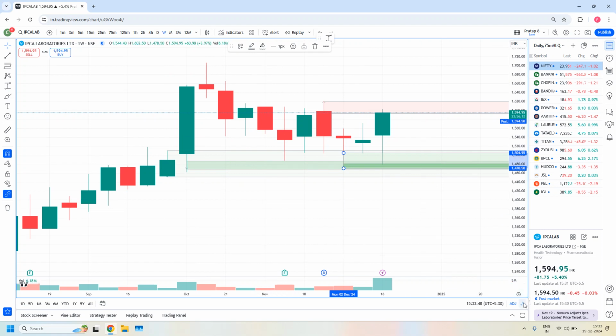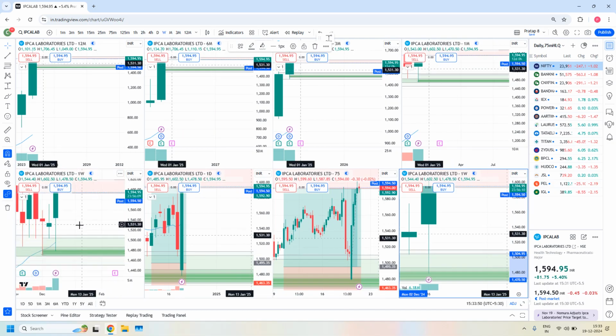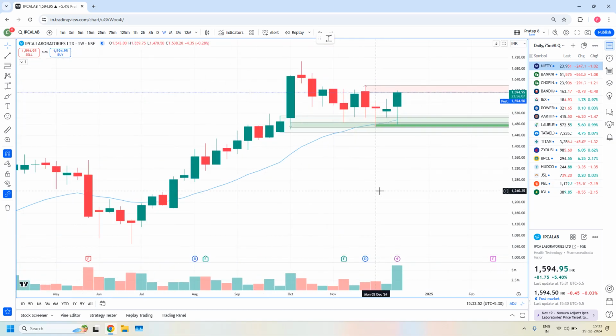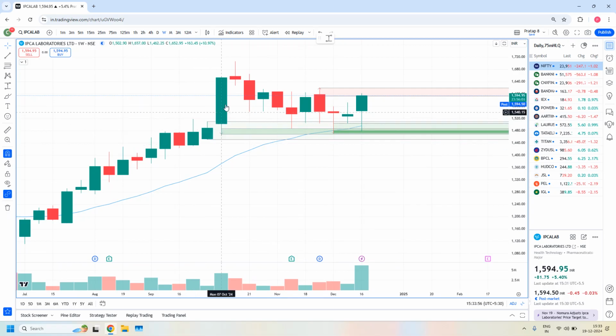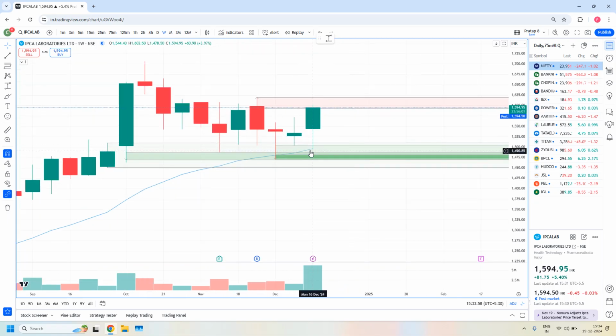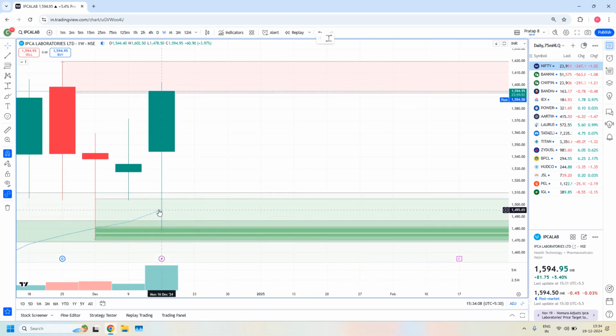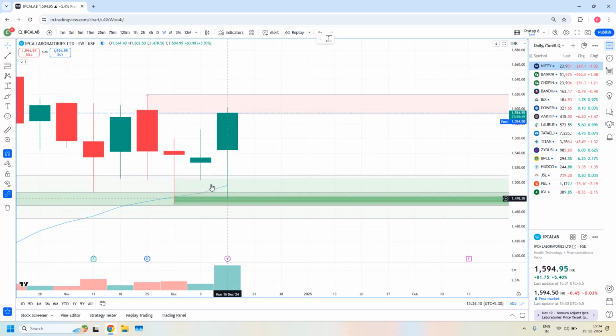This weekly zone should have weekly EMA confluence. Is it having weekly EMA confluence? See here, this is a weekly time frame. This rally, base, rally, is it having weekly EMA confluence? Yes. And moreover, the confluence is also there in the daily zone. So this is the area, zone confluence is there.